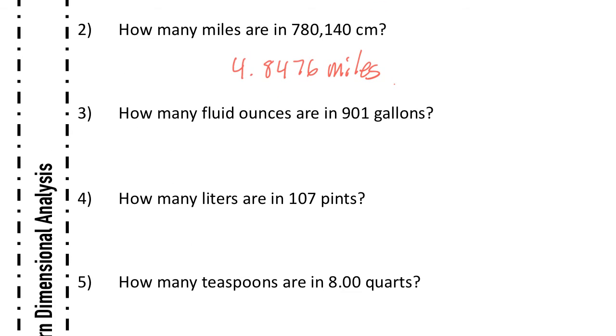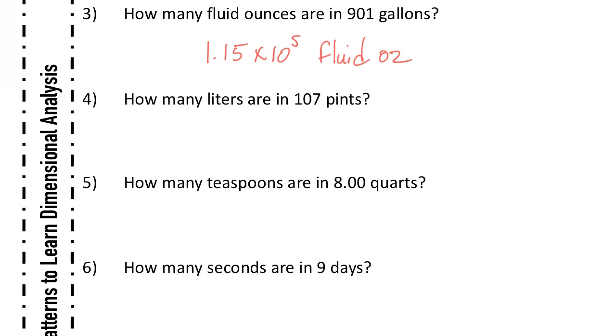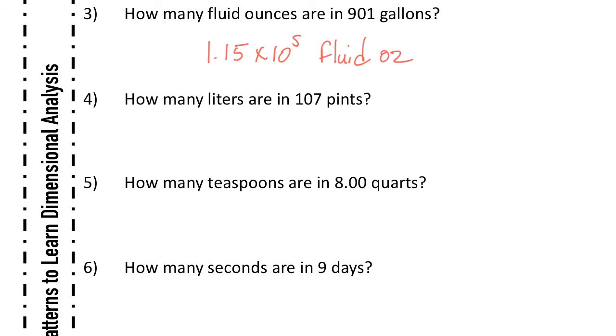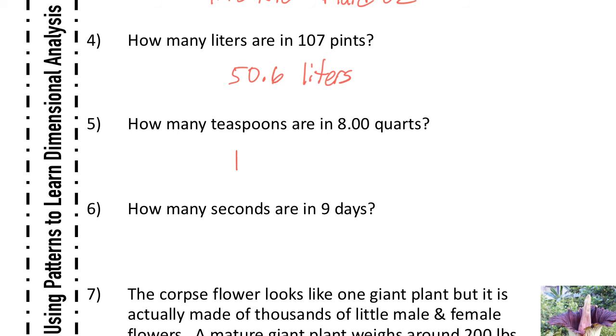Number 3, 1.15 times 10 to the 5th fluid ounces. Number 4 should be 50.6 liters. How many teaspoons? 1.54 times 10 to the 3rd teaspoons.